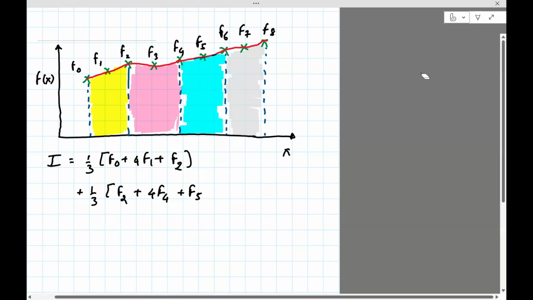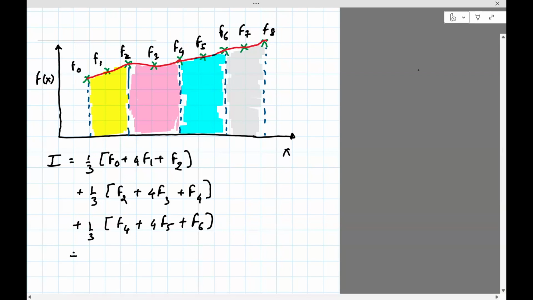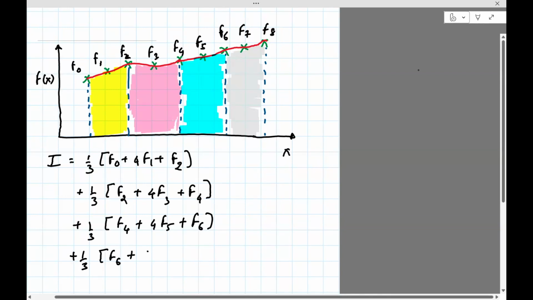This should be 2, 3, and 4, because you start at 2, then you go to 3, then 4. Then 1/3 (4, 5, 6), and then 1/3 (6, 7, 8). Okay, just move it to make some space.